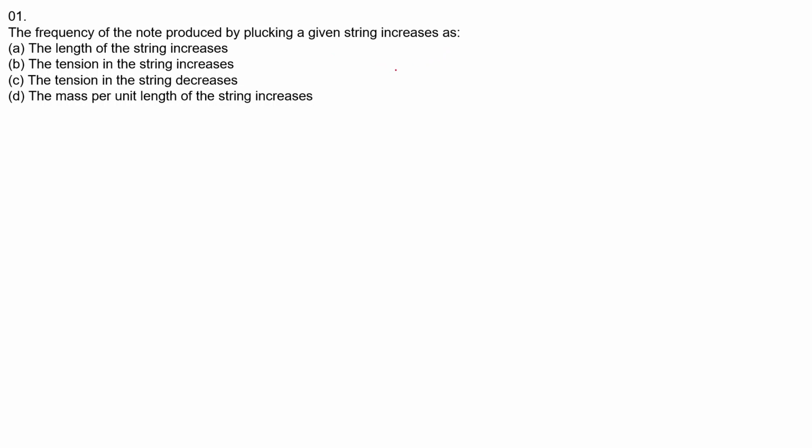We know the relation of frequency: frequency is given by 1 over 2L under root T by m. So frequency will increase when the length of the string increases? You see, length is inversely proportional. That means if length increases, then frequency will decrease. So this is not the correct option.